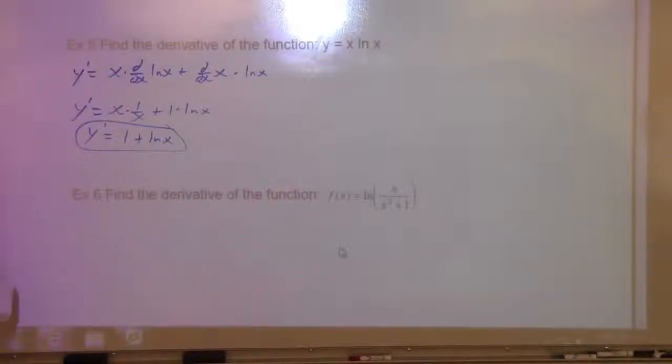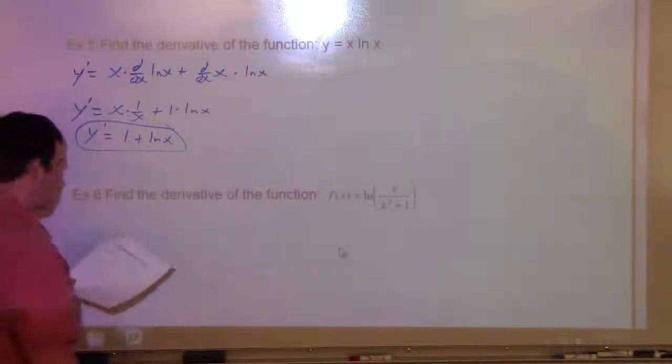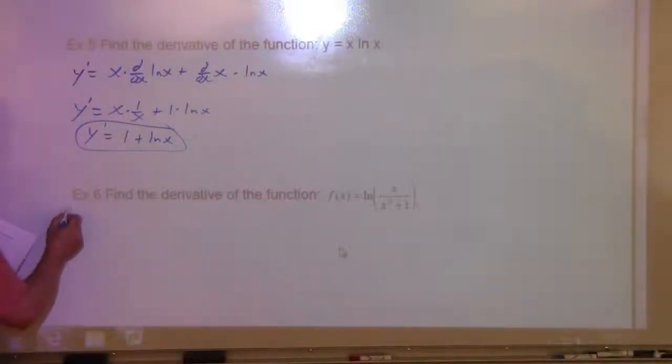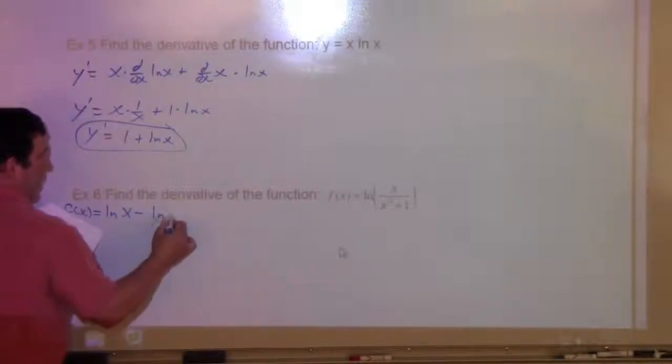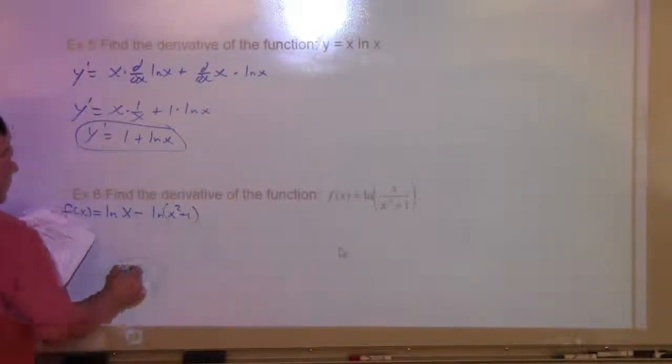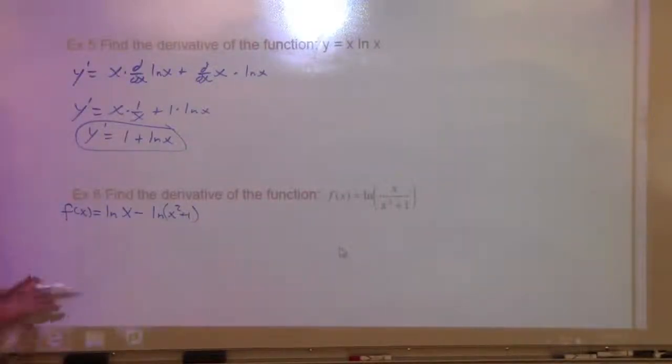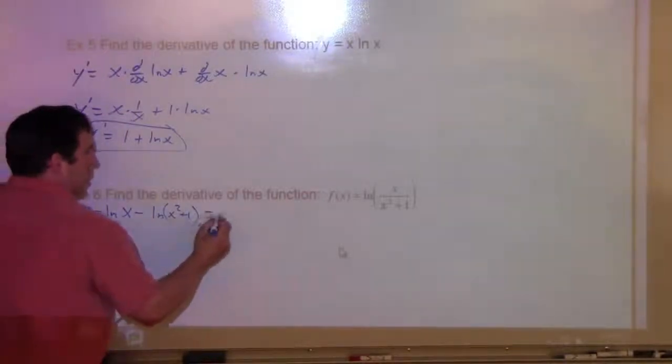For example 6, it says find the derivative of the function natural log of x over x squared plus 1. So our function f of x could be written as natural log of x minus natural log of x squared plus 1. That's separating them out with the laws of logarithms.